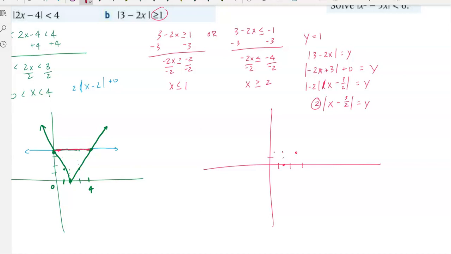Something like that. Okay, let's go ahead and graph this part right here.